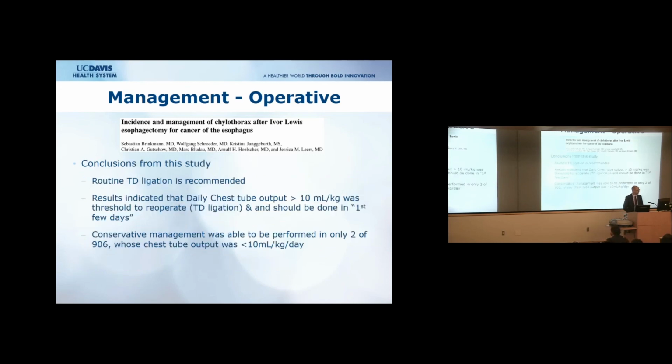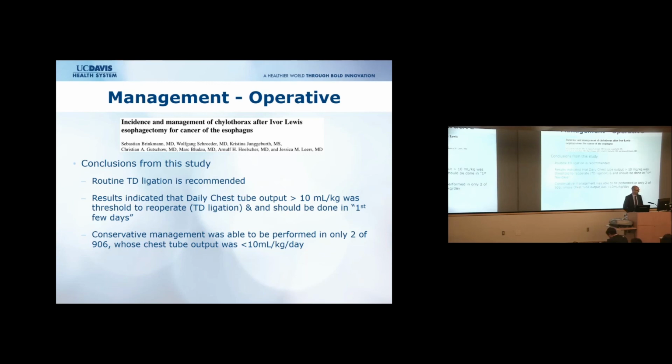The conclusions from this study were that routine thoracic duct ligation is recommended, and they also cited the evidence that the daily chest tube output being less or greater than 10 milliliters per kilogram was the threshold to reoperate and perform a thoracic duct ligation, and that this should be done, again kind of vague terminology, in the first few days, which I could gather is somewhere between 3 and 6 days.